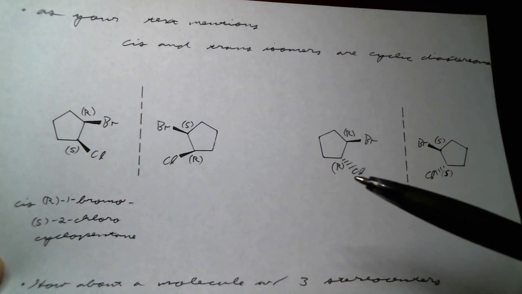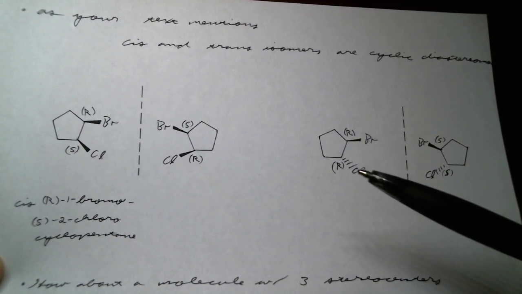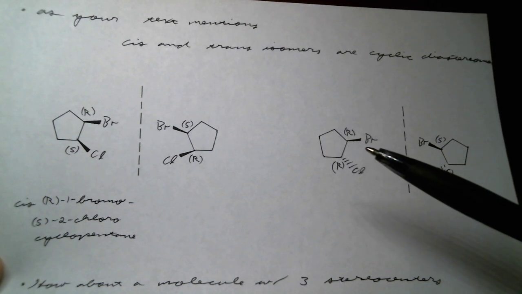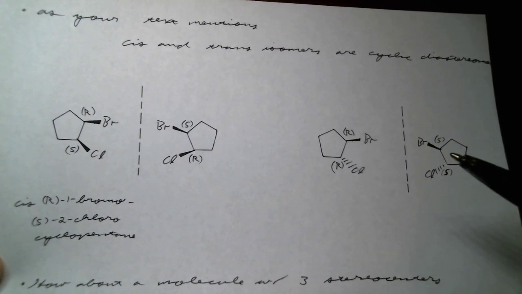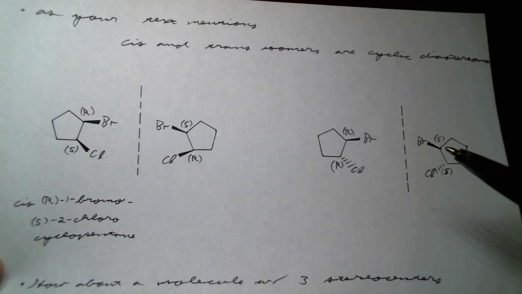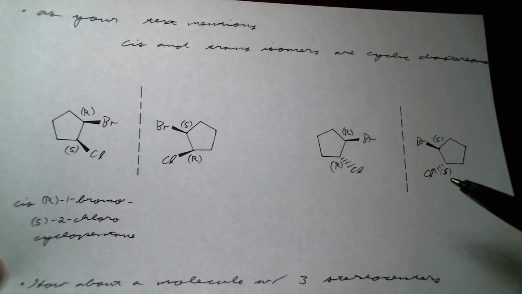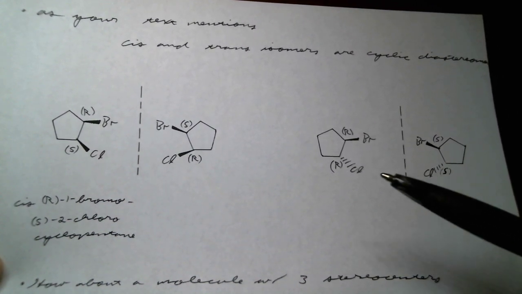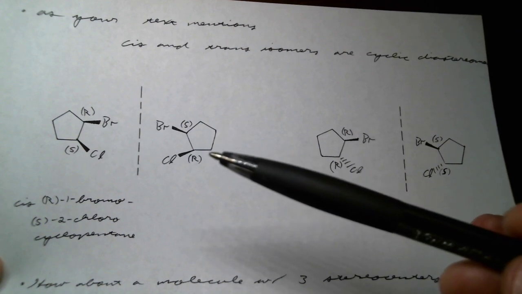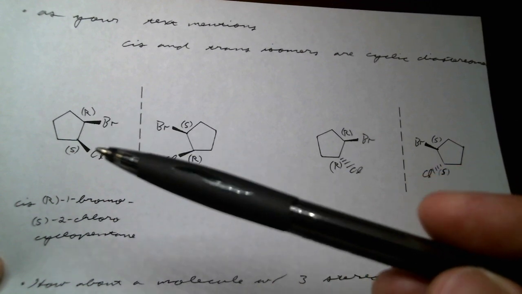Now, if we look at a trans stereoisomer, either the trans R1-bromo R2-chloro cyclopentane or the trans S1-bromo S2-chloro cyclopentane, either of those trans stereoisomers are going to be diastereomers to this molecule as well as to this one.